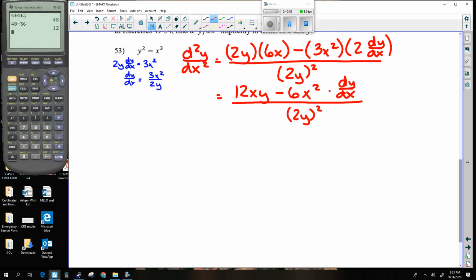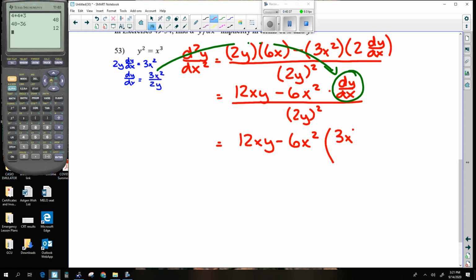So we've taken the second derivative implicitly, but now what we need to do is replace that dy/dx with what dy/dx really is, right? So we need to use that first derivative in there. So this is a 12xy minus 6x squared, and here's where it gets crazy.